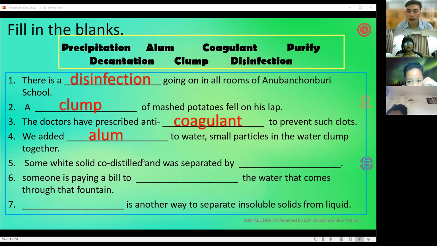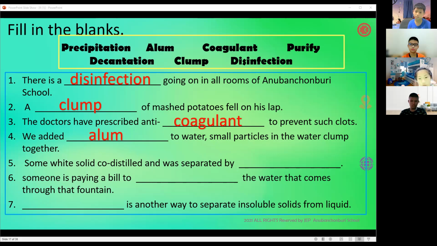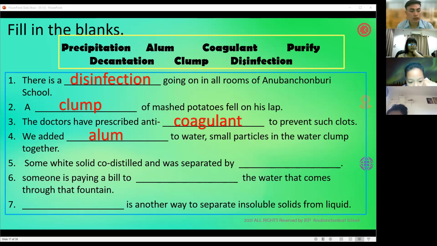Okay, what about number 5? Who wants to answer number 5? Some white solid could distilled and was separated by blank. The answer is, who wants to answer?